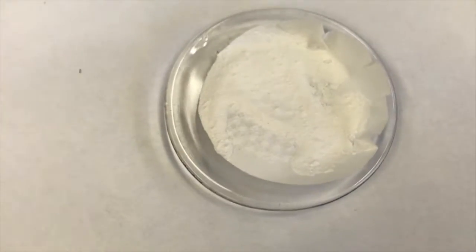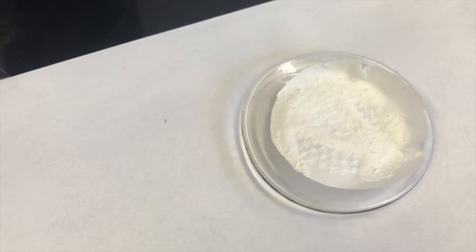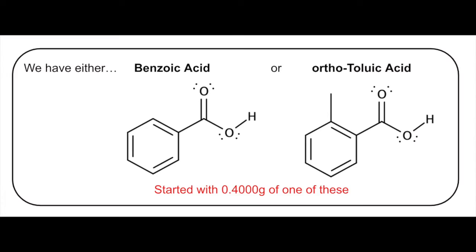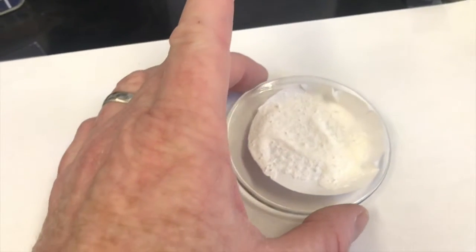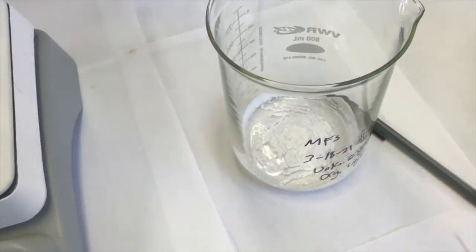We filtered it off after it precipitated out. This aqueous layer product is either benzoic acid or ortho-toluic acid. I'll get to that shortly. I want to do the crystallization first so that it'll have time to crystallize and I can filter it. It just seems to be the better time management idea.